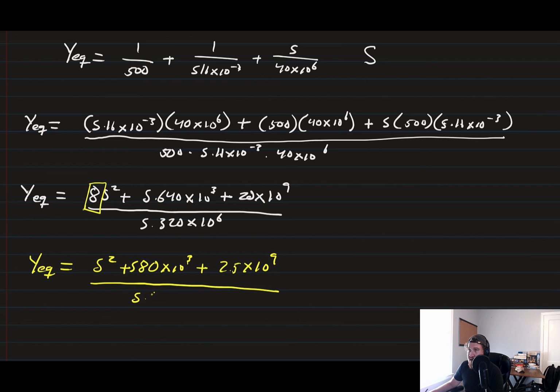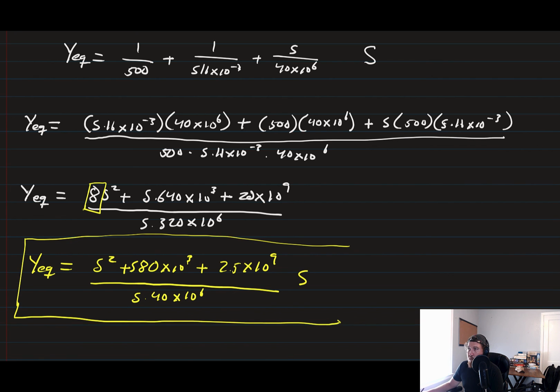So we're going to have S times 40 times 10 to the 6. And that's given in Siemens. So there is our solution for equivalent admittance in the S domain.